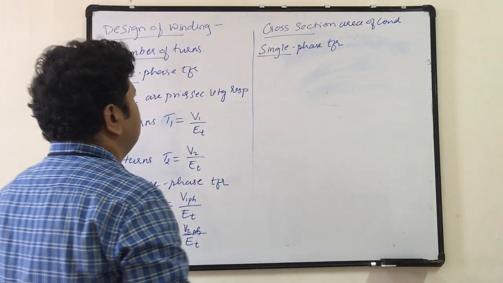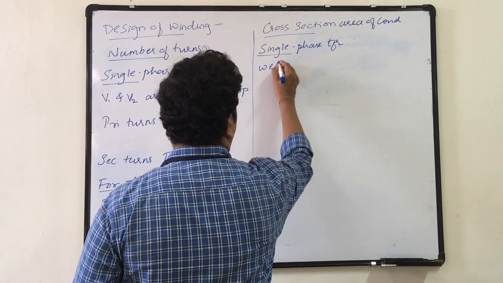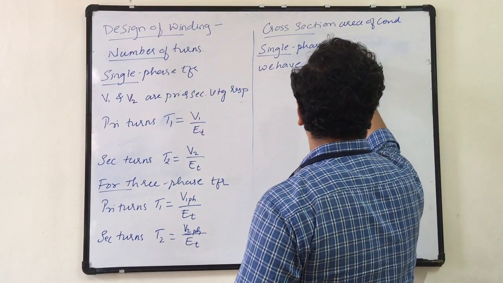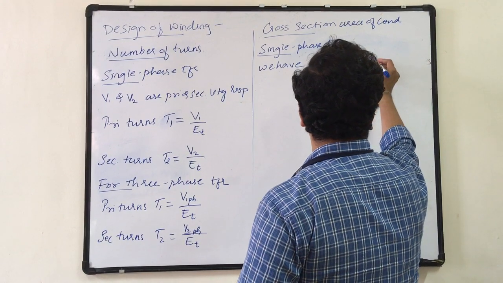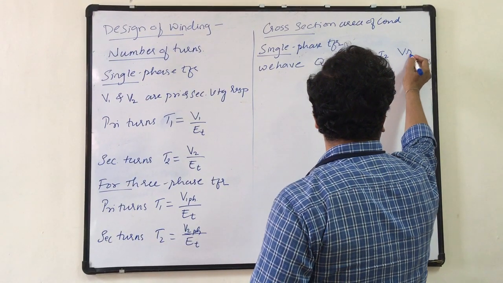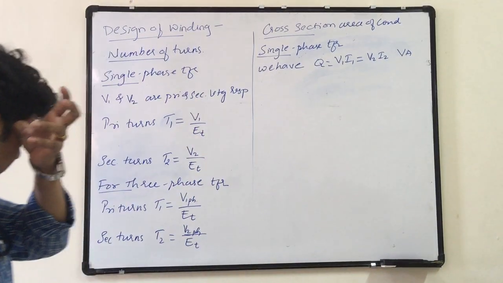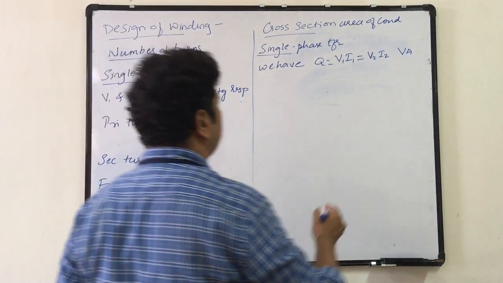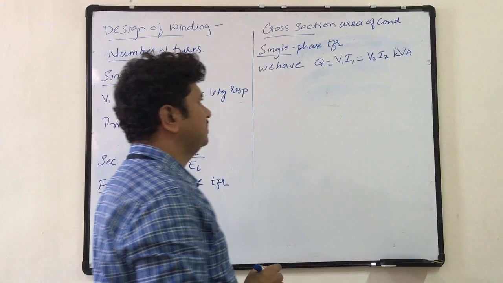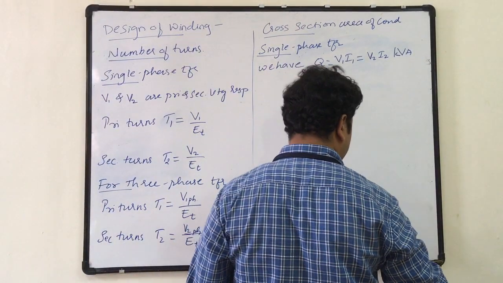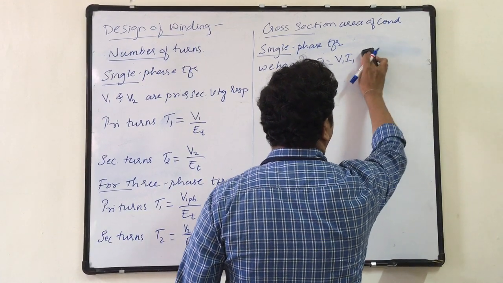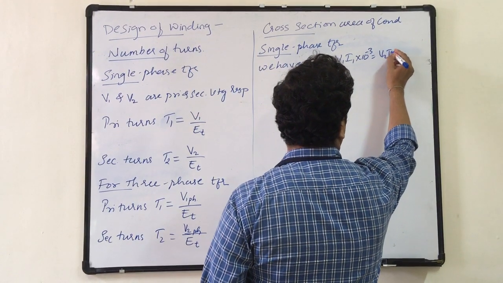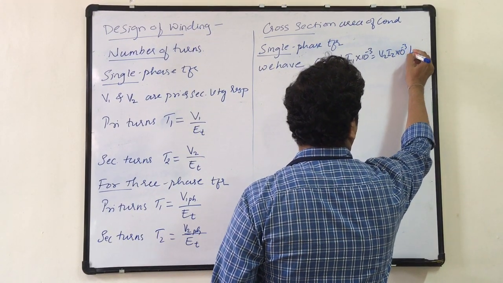We have Q equal to V1 into I1 equal to V2 into I2 volt amperes, or we can call it kilovolt amperes: V1 I1 into 10 to the power minus 3 equals V2 I2 into 10 to the power minus 3 kVA.